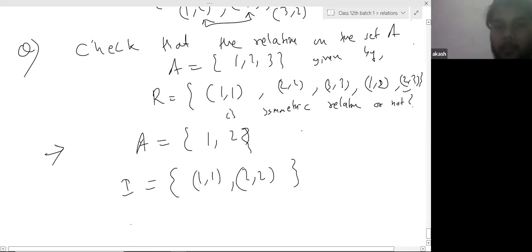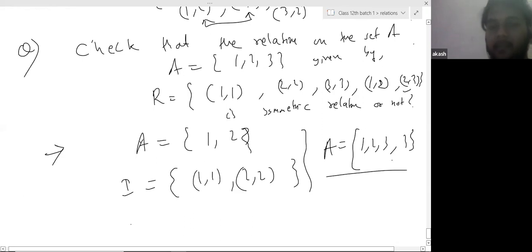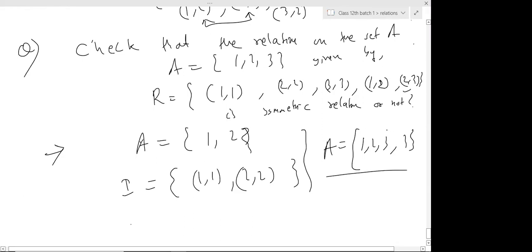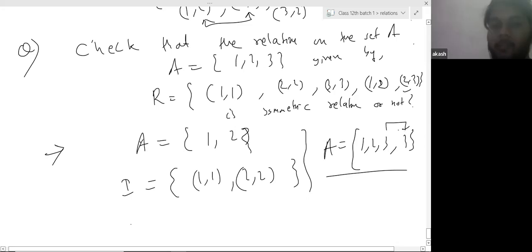All right. Do you remember in sets, if I write set A = {1, 2, 3, 3}, is this a valid set? No, sir. Why? Because we have two 3s, right? So in sets, you cannot repeat the elements. So if you write (1,1) here, it doesn't matter.